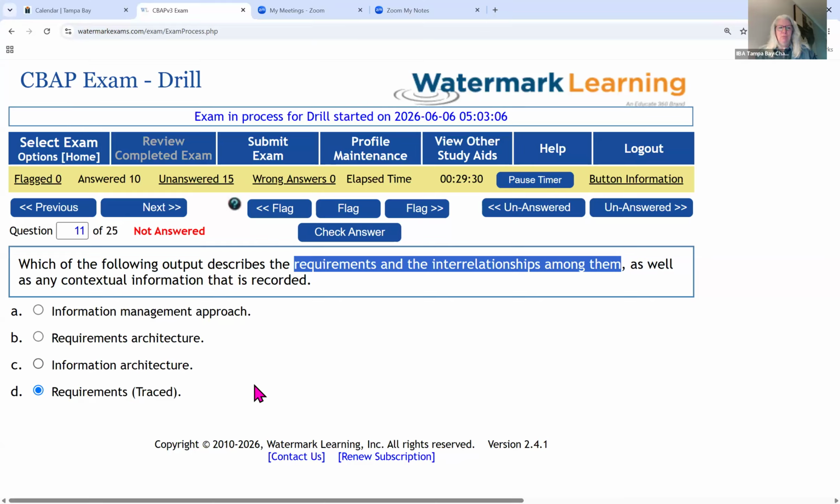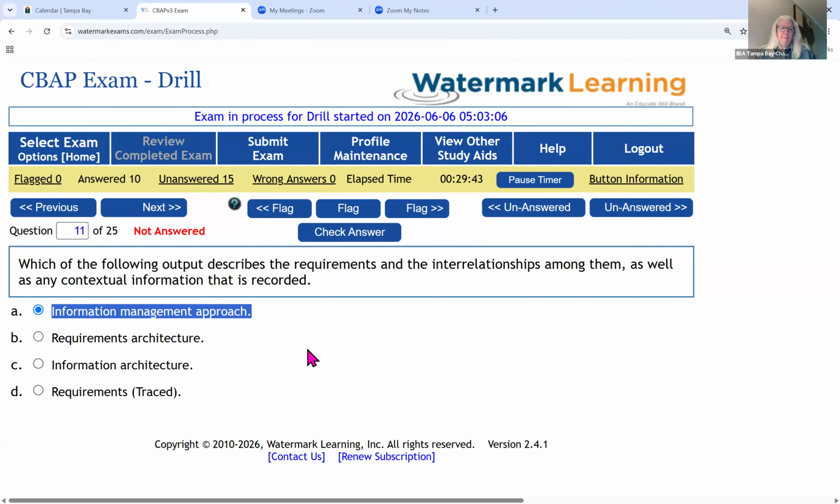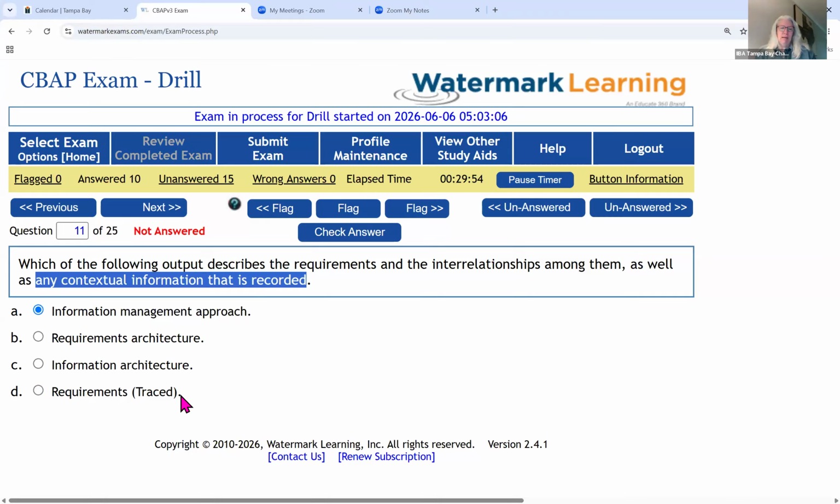So we know our information management approach is something that we established way up in chapter 3, right? Yeah. So we know that's not the right answer. And this, any contextual information that is recorded, makes me think it might not be requirements traced. I don't know. Let's find out. I'm going to choose B and we're going to test it. I'll choose B.